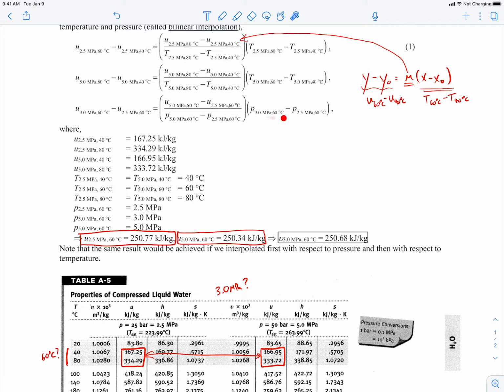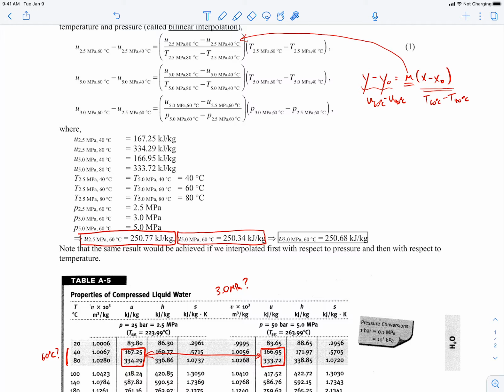So you can see our pressure is now our x variable. And when we do that linear interpolation, the lower bound is the 2.5 megapascals. That's right here. And then we're trying to find it at 3 megapascals. And then the slope is based on the difference between the value at 5 megapascals and 2.5 megapascals, because here's our 5 and here's our 2.5.